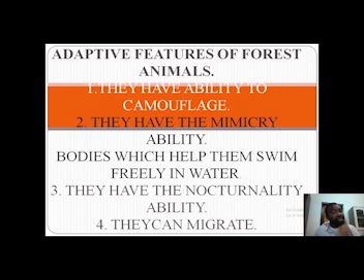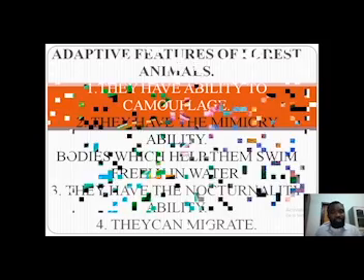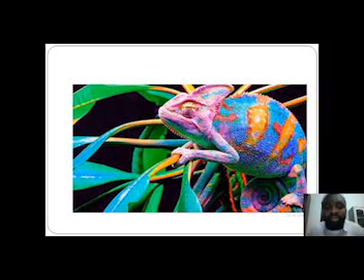Okay, we are looking at adaptive features of forest animals. Let's look at a chameleon. Have you seen a chameleon? See all the colors it has. Now you can see that it has changed itself to suit these plants.